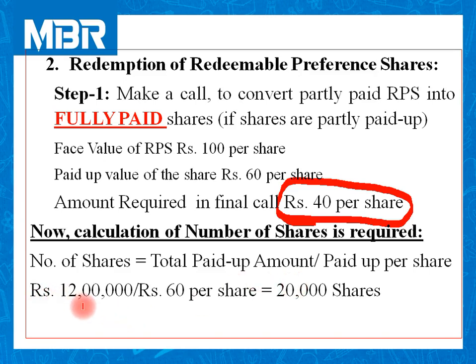Total paid up amount is rupees 12 lakhs and amount paid up per share is given as rupees 60 per share. So rupees 12 lakhs divided by rupees 60 per share. So total number of shares issued by the company comes to 20,000 shares. Keep this figure in your mind because our entire calculation will be based on these 20,000.